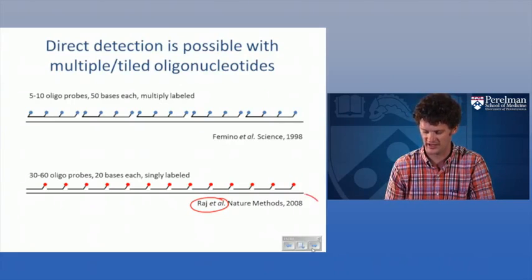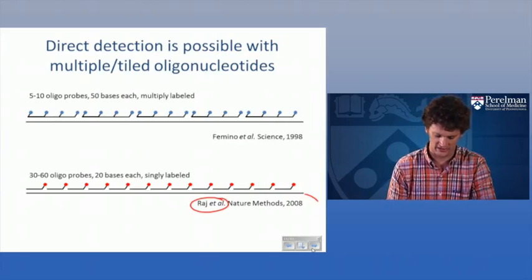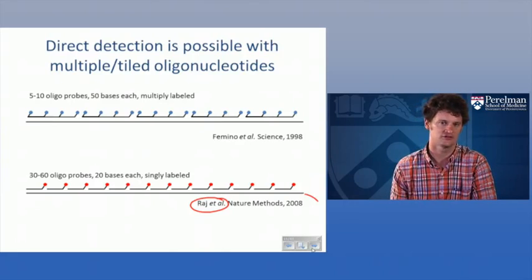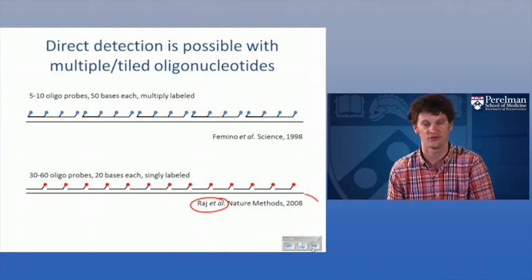So this is your messenger RNA here, and you have these complementary probes, and each one has a little red dye on it. Once you have about 20 of these probes lined up, you get a little diffraction-limited spot in your cell that corresponds to that messenger RNA molecule.